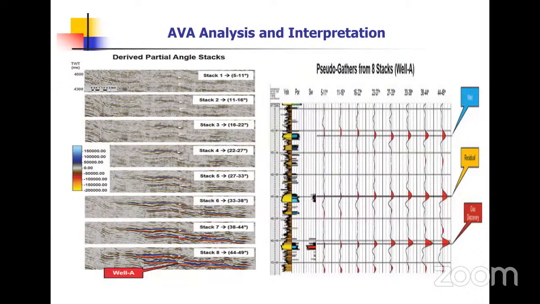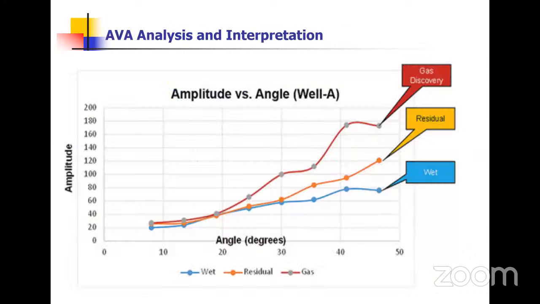So in that case too, I can do the same thing on my well and look at the different angles on my well. Now, I guess this slide will explain it very well. So here I have angles from 0 to 20, and I have amplitude on my y-axis. You can see how your wet sand and gas sand are plotting.